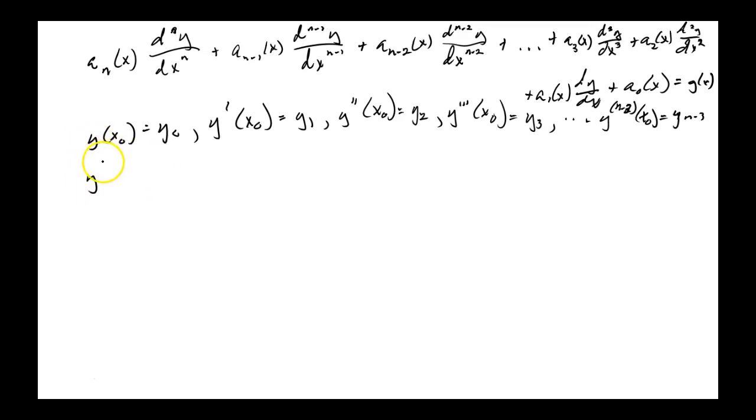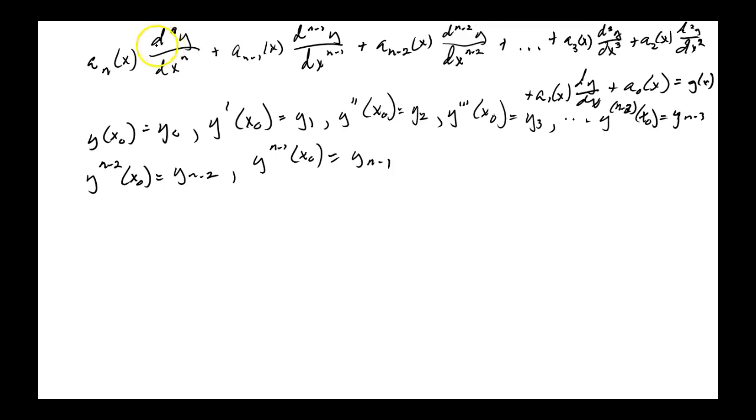The n minus second derivative of y at x sub 0 will be y sub n minus 2, and the n minus first derivative evaluated at x sub 0 will be y sub n minus 1. Okay, stop there.